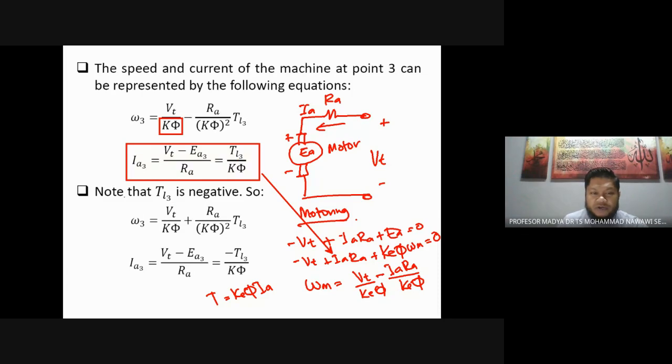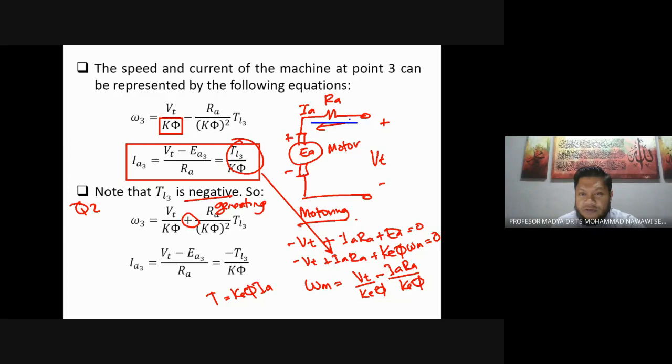So note that the torque is negative in generating mode. In generating mode, the regenerative braking mode, which is Q2, the torque here is negative, so it changes the sign to positive here. Or you can simply start from doing KVL on the circuit here.